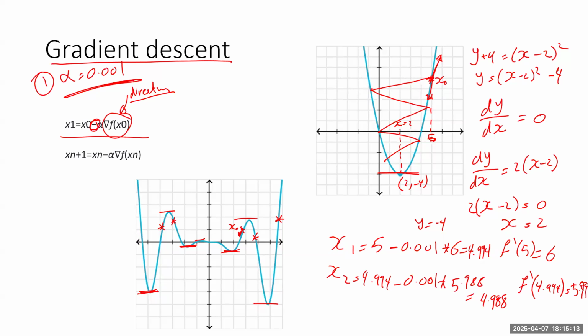Challenge number 2, as you see, selecting x0. The initial guess for x is a big deal. If you select the x0 in a place away from your global minimum, you will end up with a local minimum.